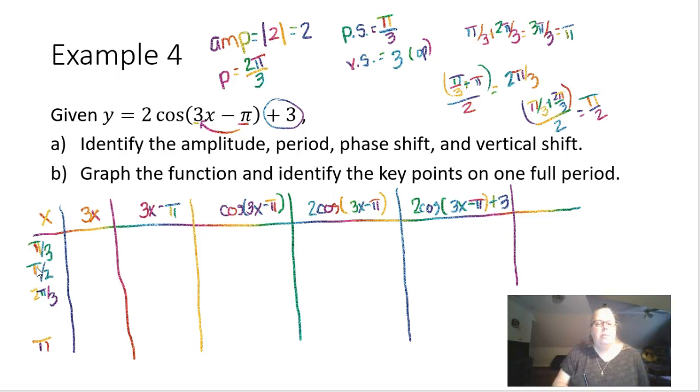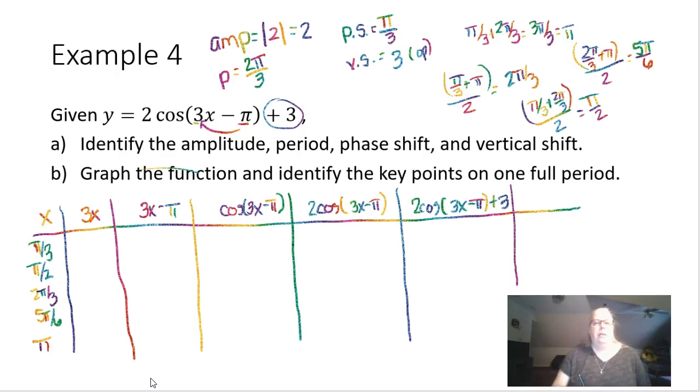And finally, we want to get this 5th critical point or key point that's in between 2 pi over 3 and pi. We're going to take 2 pi over 3 and add it to pi, and then divide that by 2. And that's going to give me 5 pi over 6, which is going to go right here.